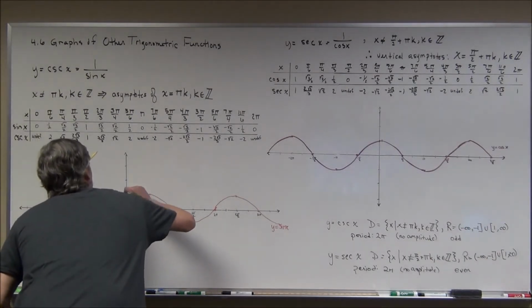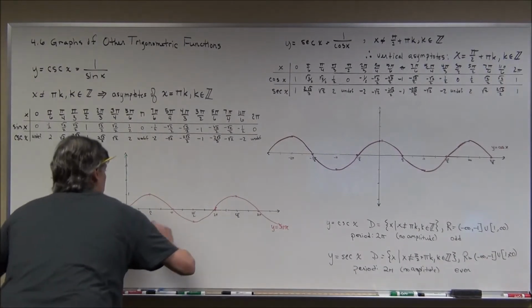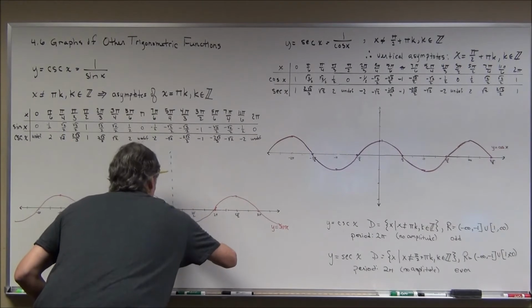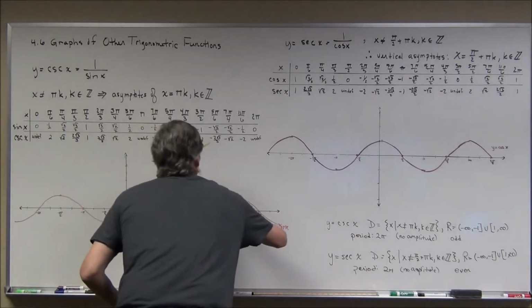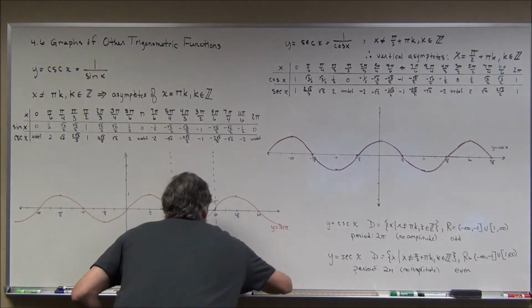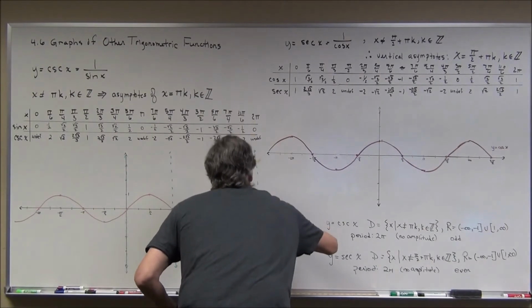And use a dotted line, don't use a solid line. I don't know how many of my students just think that they have to use a solid line every time there's an asymptote. And I'm doing this kind of freehanding it. As you can see, it's a little wobbly.